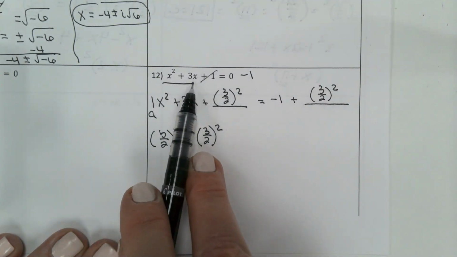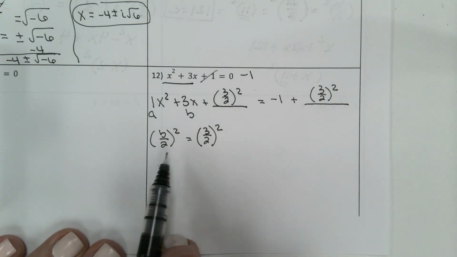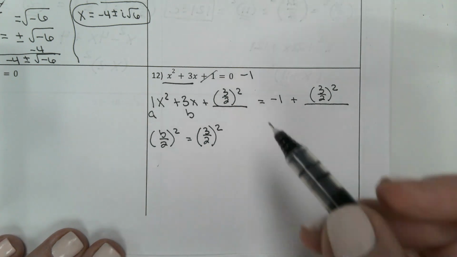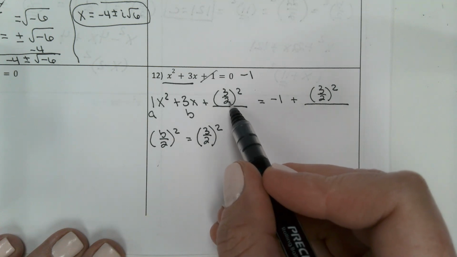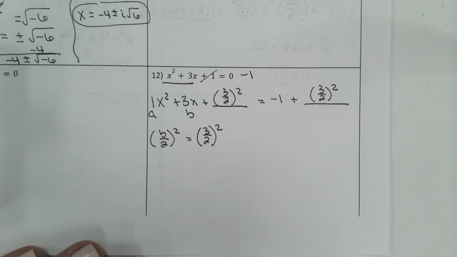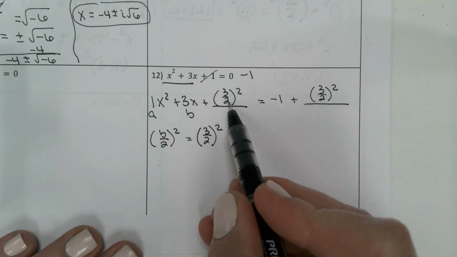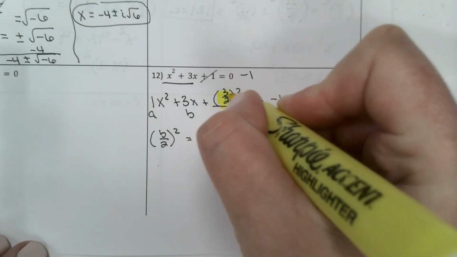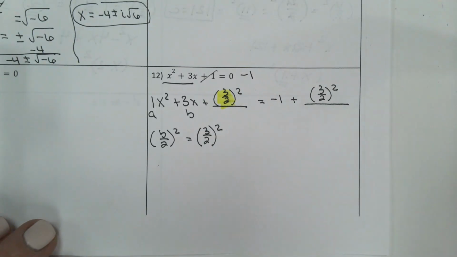This is the first time that we've had an odd number for our b term. When we have an odd number, we are going to end up with a fraction. That's okay. How is this going to factor? Nothing changes. Whatever number is right here is what ends up going in the parentheses.